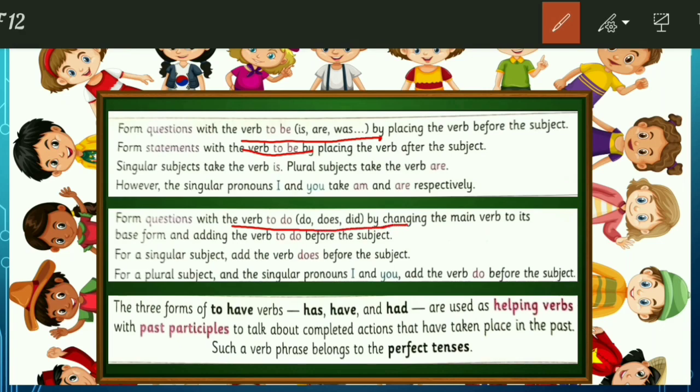To do verbs are only 3: do, does, did. And next, to have verbs: has, have, had. We use these as helping verbs. Helping verb means the verb that comes before the main verb is called a helping verb.